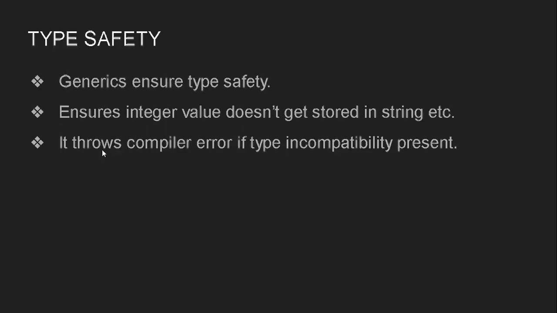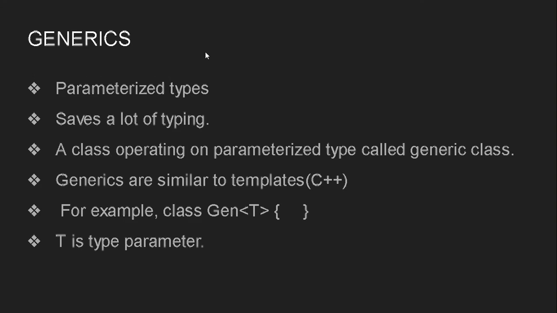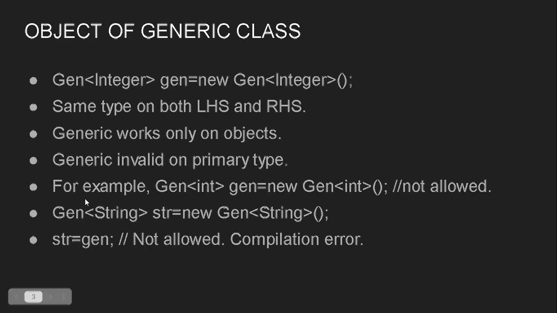as the parameterized type. So this str is an object of Gen with the parameterized type String, and this gen is the object of this class with parameterized type or type parameter Integer.